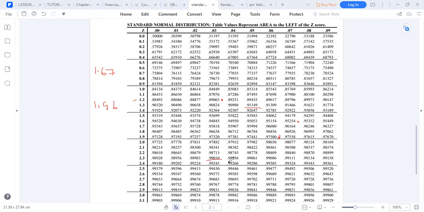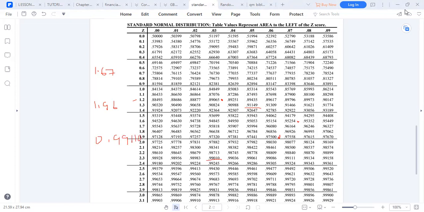2.33. So sometimes you may not have the exact one. You will be asked to find the closest possible. For instance, I ask you to look for the Z for a probability of 0.99110.